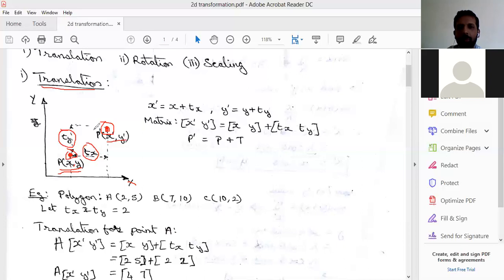Second is the coordinate at its final position: P dash is the new position, having a coordinate x dash comma y dash. The third one is by how much it should be moved, that is the tx and ty value, the incremental value that we should give. So out of these three, any two should be known so that the third one can be found out.